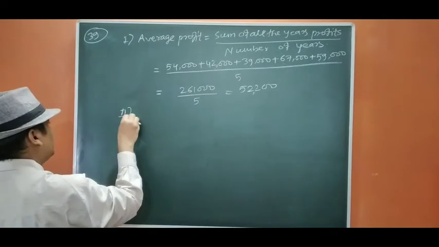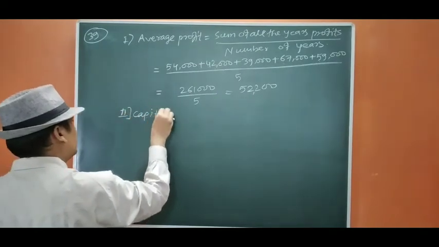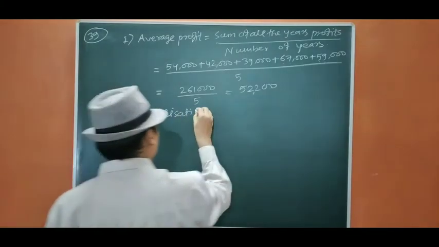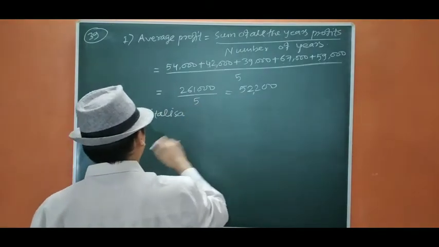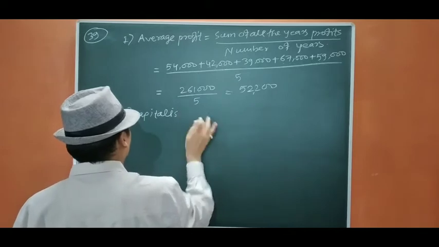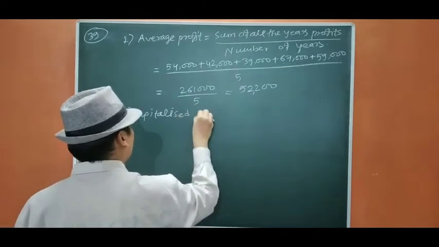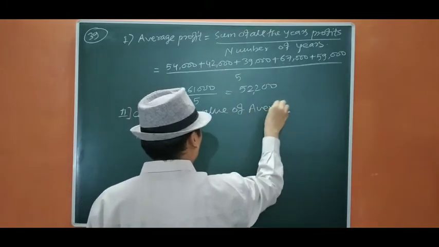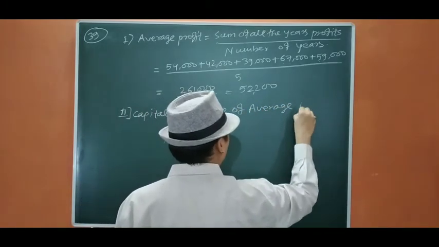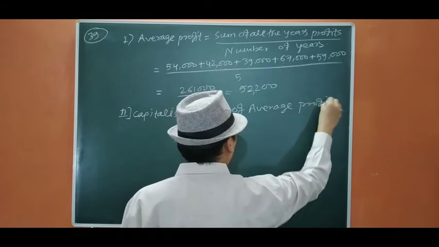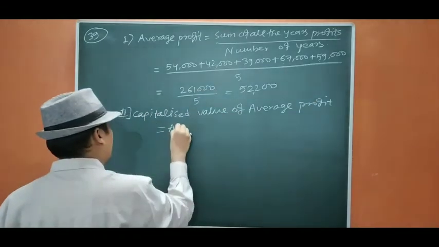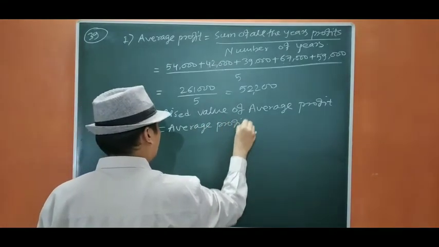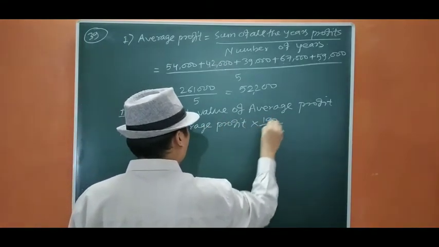Second one is capitalized value of average profit equals average profit into 100 upon n.